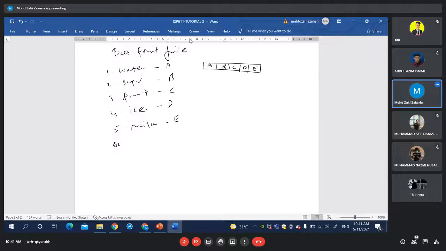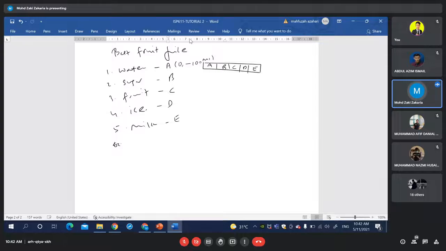For water, we need to define the minimum and maximum. Maybe the minimum water is 0, so no need to put water, just fruit only. 100 ml is the maximum water for 1 glass.